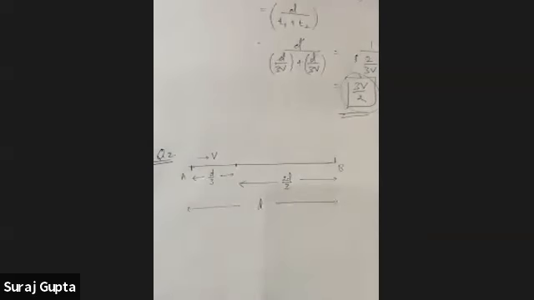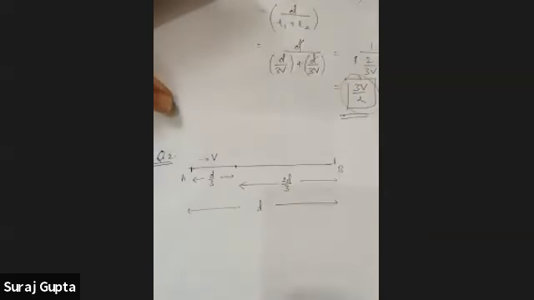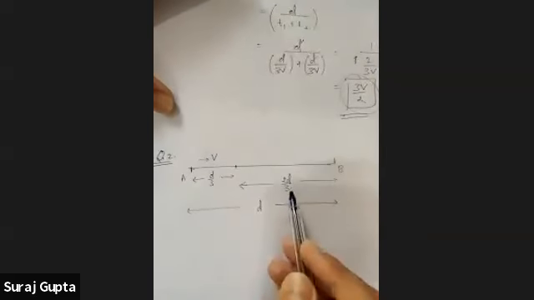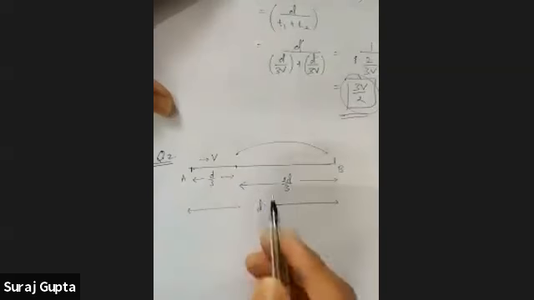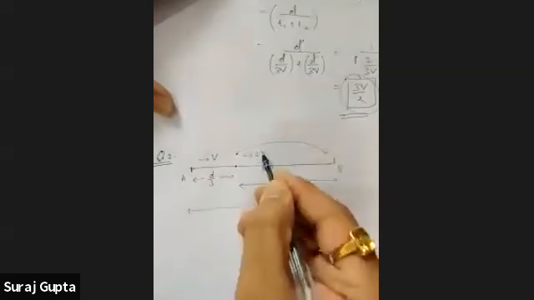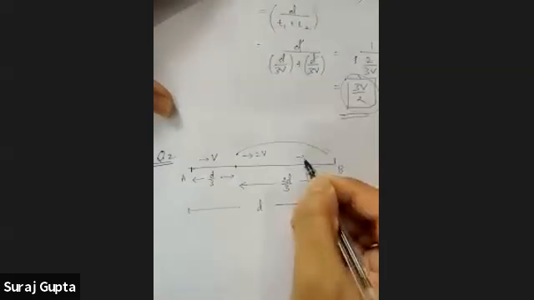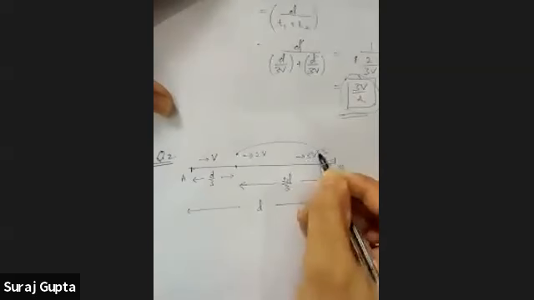Now the remaining distance is 2d by 3. In this remaining distance, whatever time the particle takes, for half of the time the particle moves with speed 2v, and for the remaining half of the time the particle moves with speed 3v.